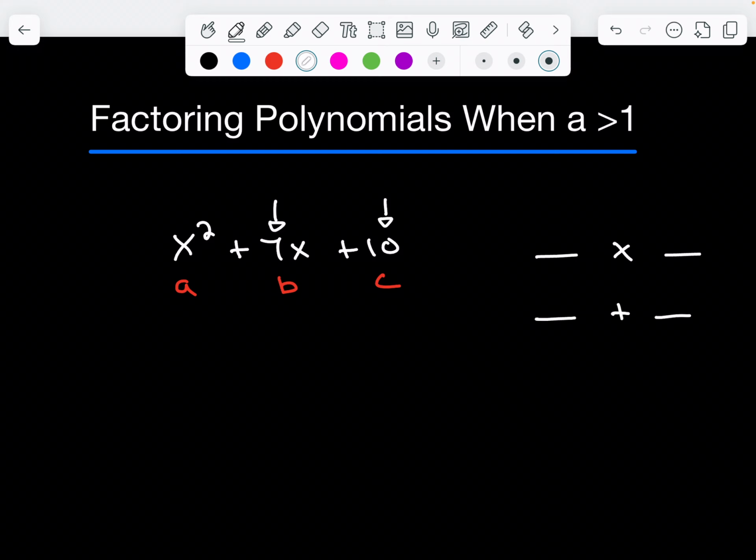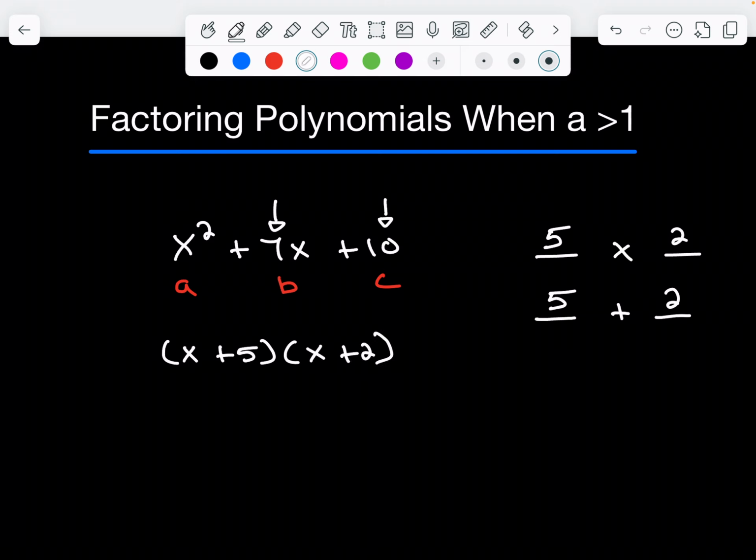So what two numbers multiply to get c and add to get b? Well, if we take 5 and 2, that is 10 when we multiply them, and 5 plus 2 is 7. So if we factor this out, this is x plus 5, x plus 2.